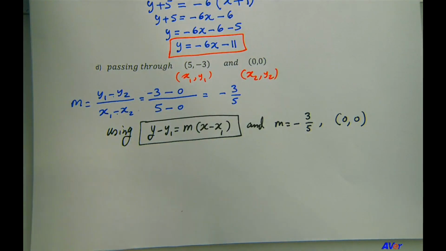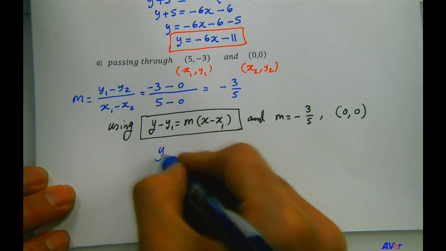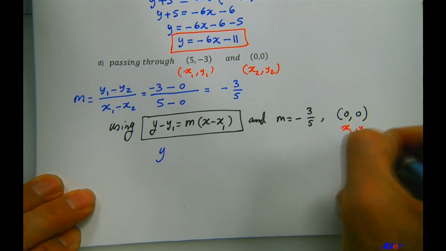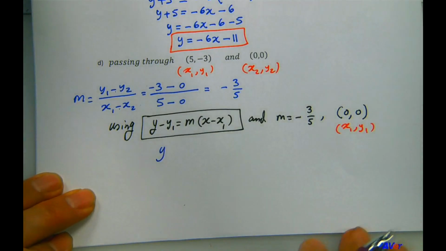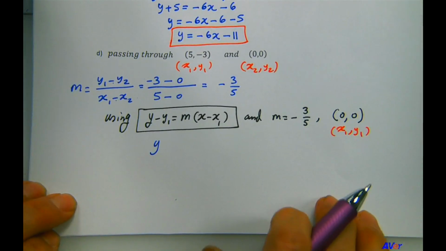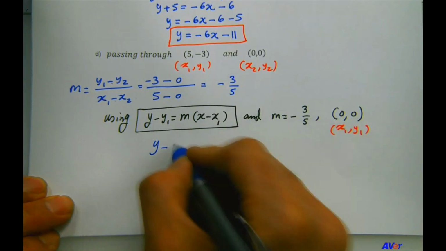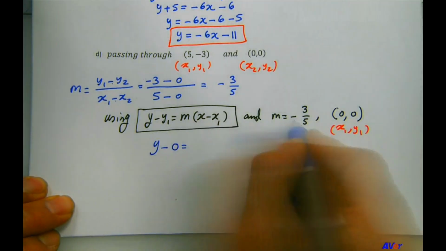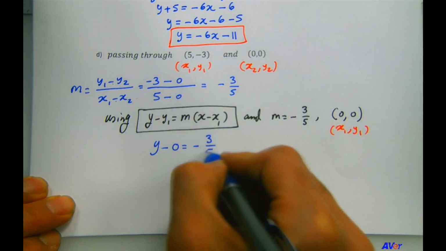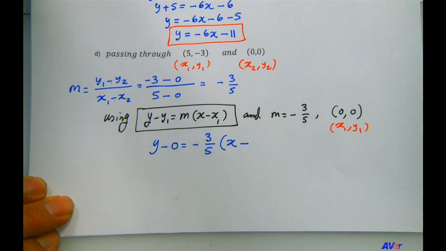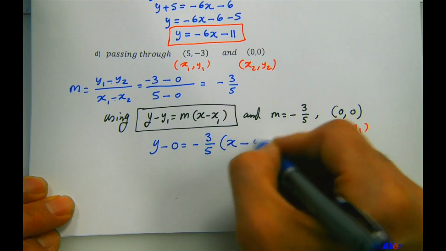Okay, so y is y, and let me label this. This is now x1 comma y1. Okay, so y minus y1, which is 0, equals m, which is -3/5, times x minus x1, which is 0.